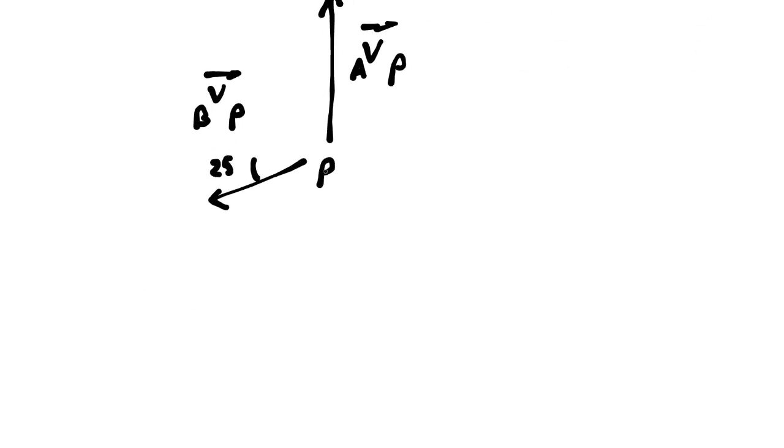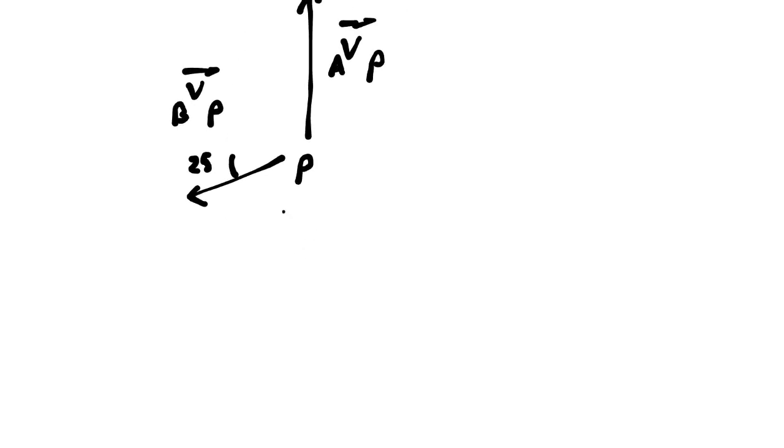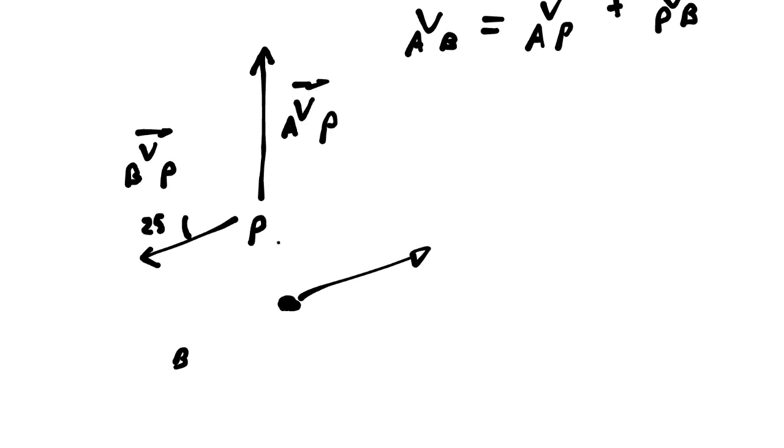It's a little bit hard to visualize this, but person B is running away from point P, right? So you wouldn't think that point P is running away from point B, but in actuality, point P relative to point B is moving away at the same speed with just an opposite direction.